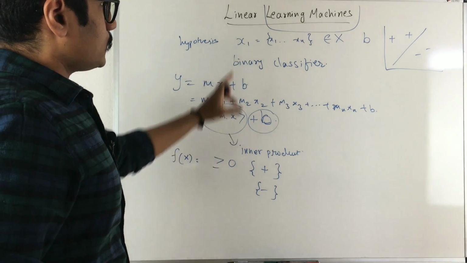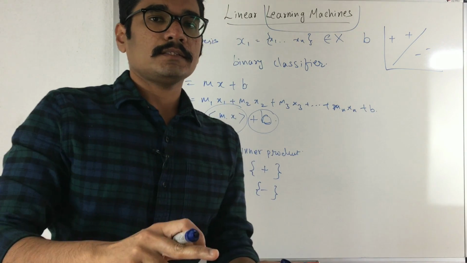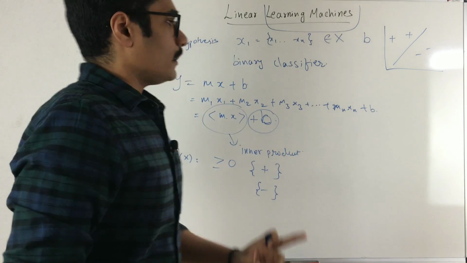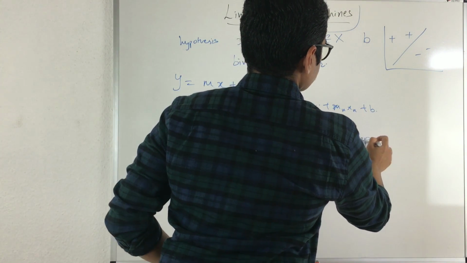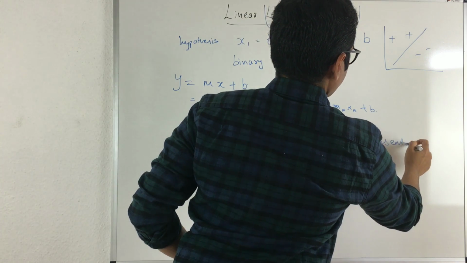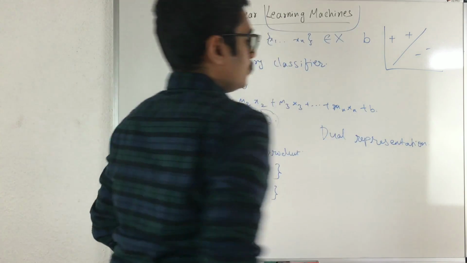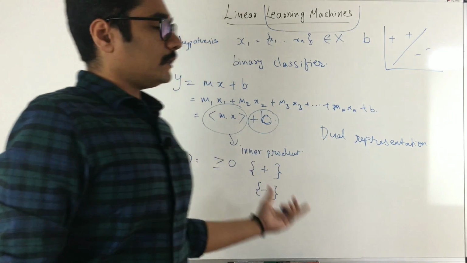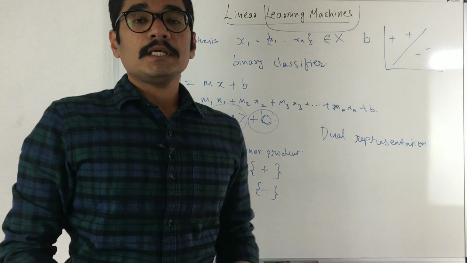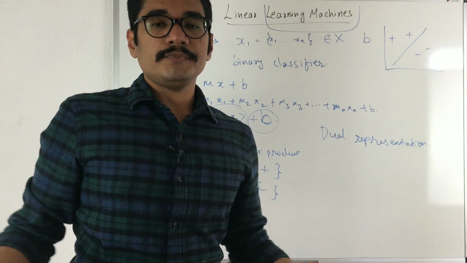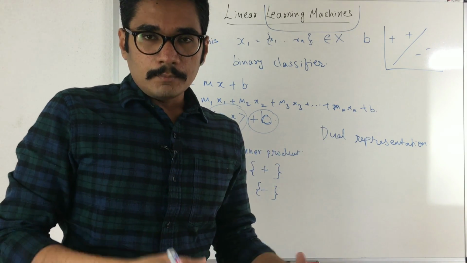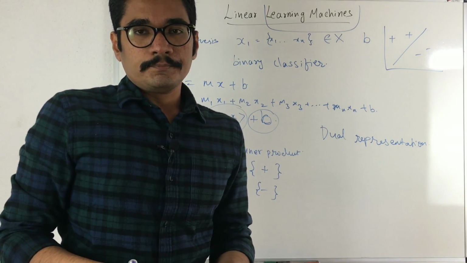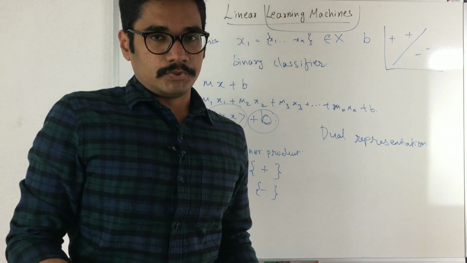So this is the linear learning machine, and there is one more part to it, called the dual representation. Dual representation is one more important concept, especially in mathematics, where you have a large feature space but you cannot take the entire feature space into account, so you take a subset of it and apply operations.